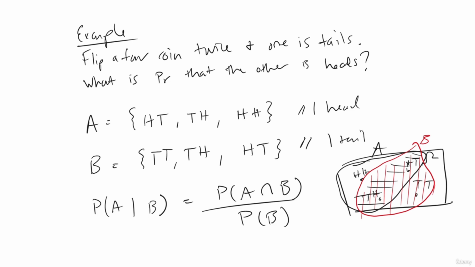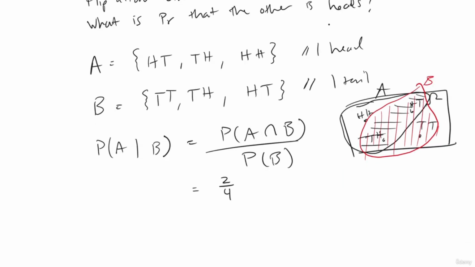And so the intersection of A and B contains 2 events out of all 4. And let me give myself some more real estate. And we know that the probability of B occurring is, well, B has 3 events, so that's going to be 3 over 4.